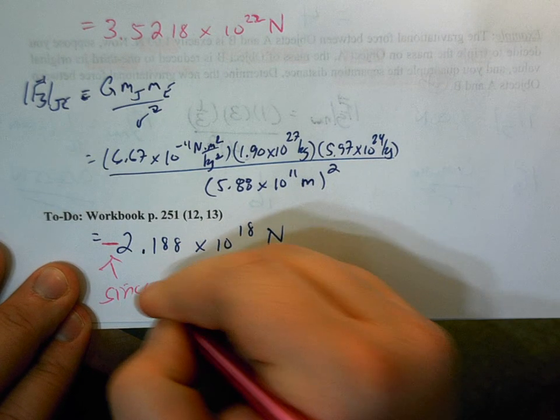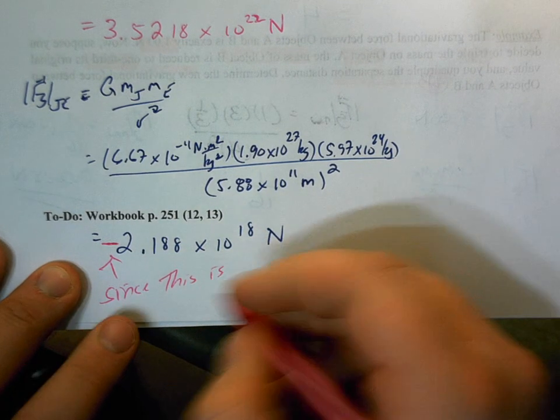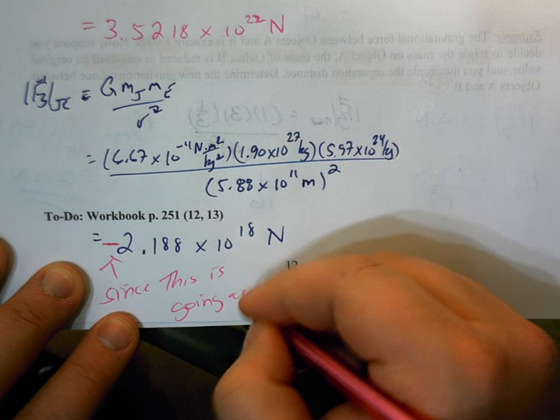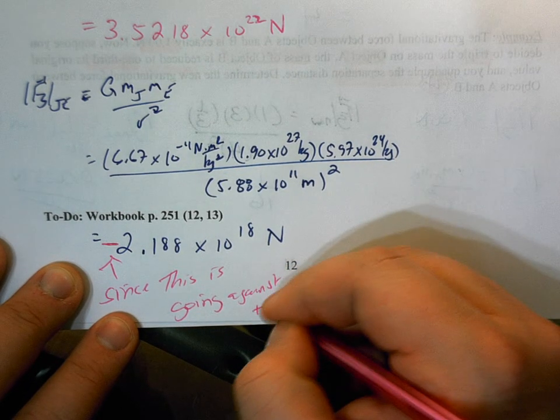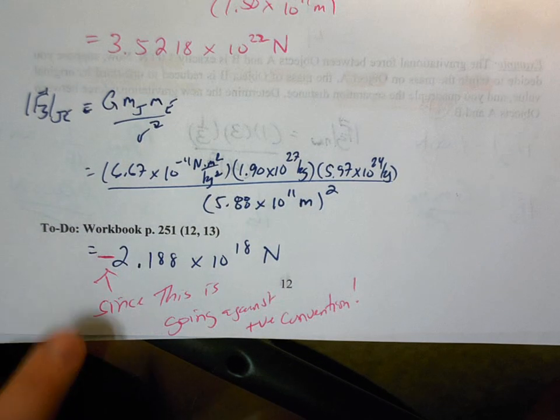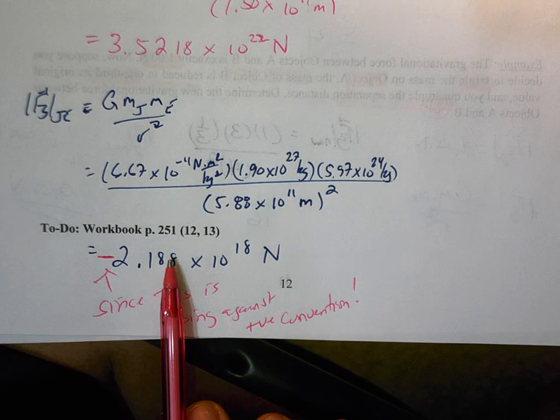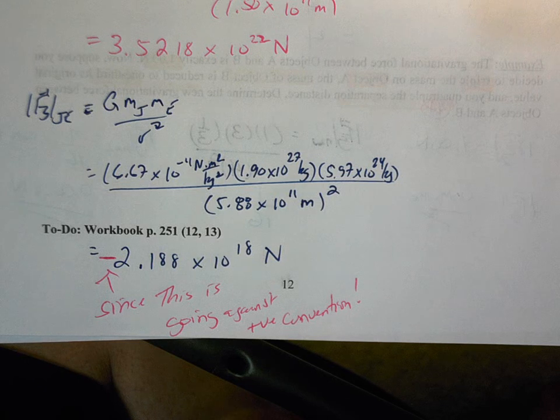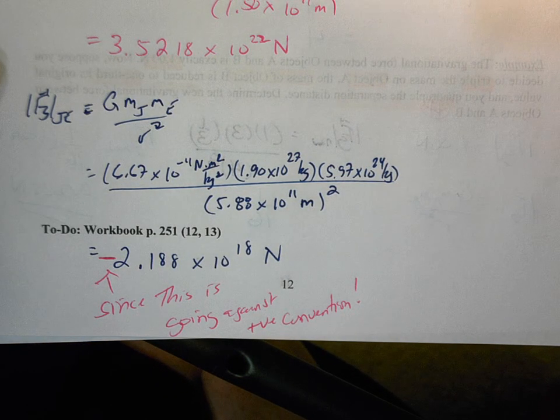So this is going against positive. It's a bit of a drawback, so we have to be really mindful of that. We have to put in that negative. So please be very careful when you're doing these Newton's law of universal gravitation questions.